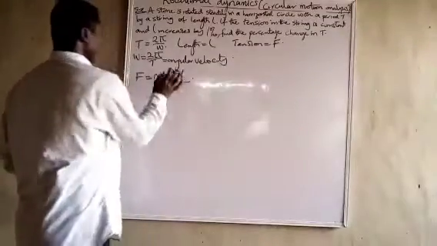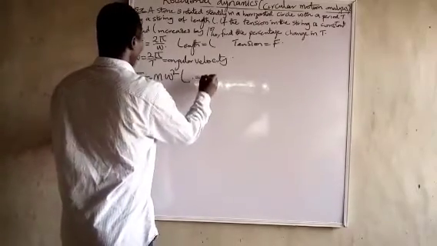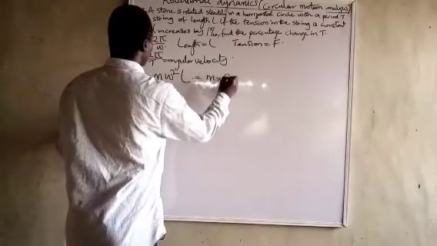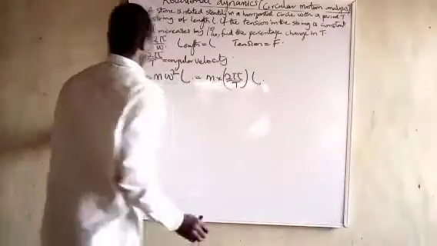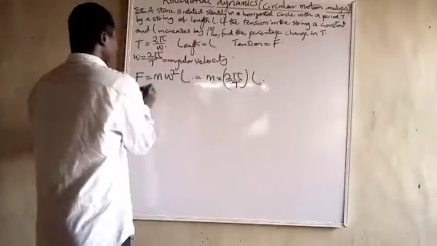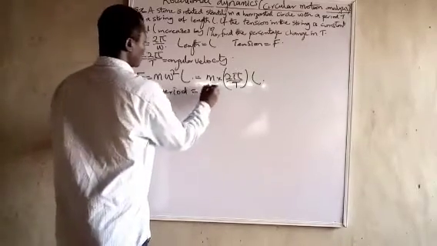Now we can say F will be equal to m times (2π over T) squared times L. At the same time, the new period will be T1.